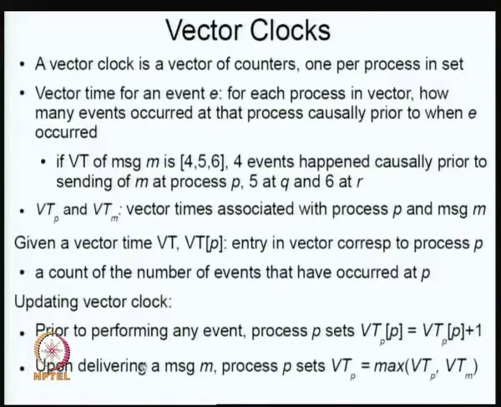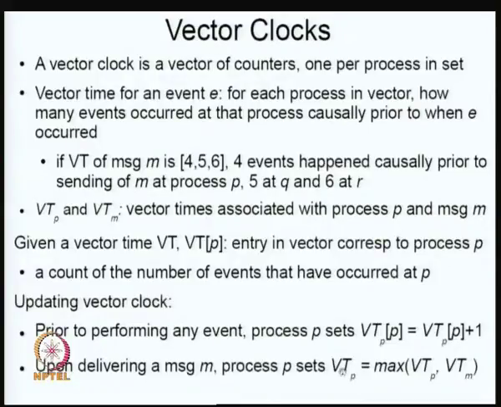Whereas, if I get a message from somewhere else, I say VT(P) equals the max of VT(P) and VT(M), because the message may be later than where I am right now. So, I am at a particular point, I am not doing anything right now, and I get a message from somewhere else.